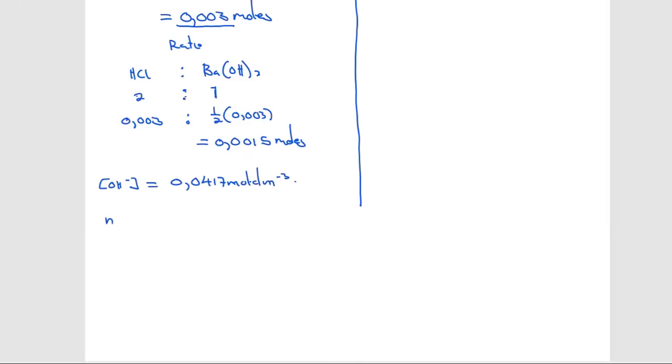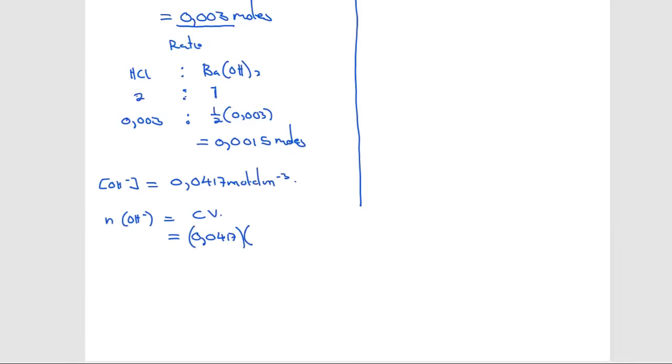Then for me to calculate the number of moles there, remember, concentration is equivalent to number of moles over volume. So the number of moles of OH⁻ is equivalent to CV. I have the concentration 0.0417, multiplied by that volume.